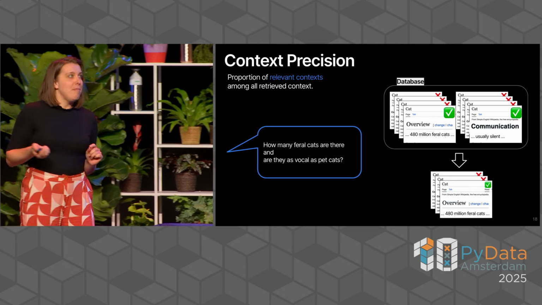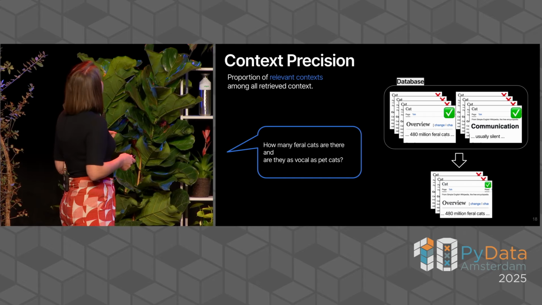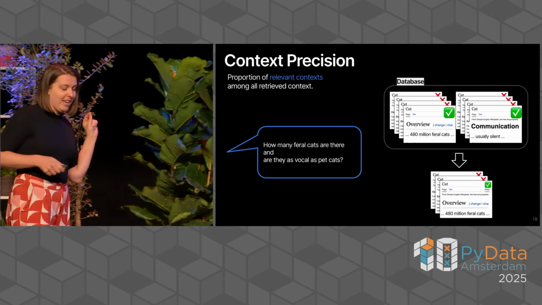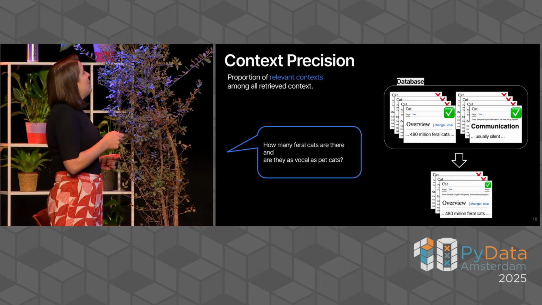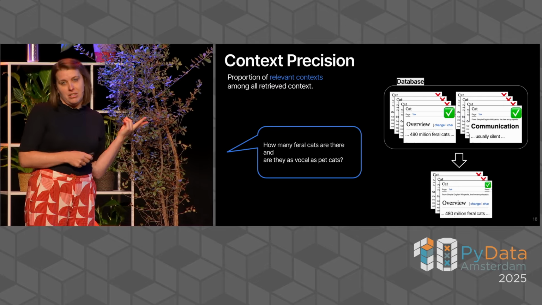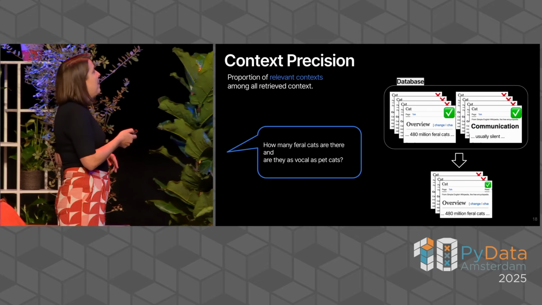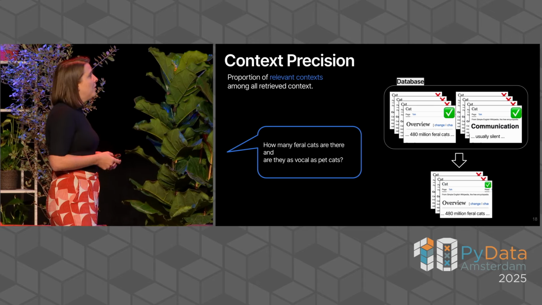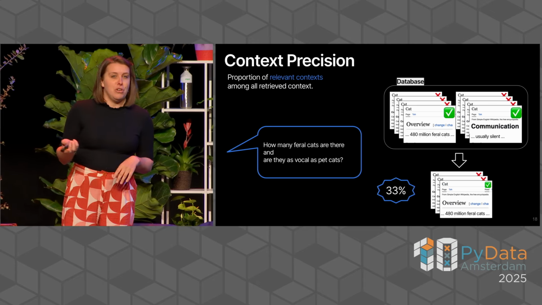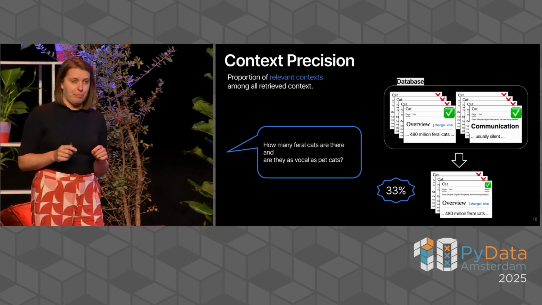For the example we just generated, how many feral cats are there, and are they as vocal as local pet cats? This goes to our database. There are two relevant documents in there, because these are the documents we used to generate that question. These are the documents that are returned. One of them is relevant, three of them are not. So this leads to a context precision of 33%, which is rather low.